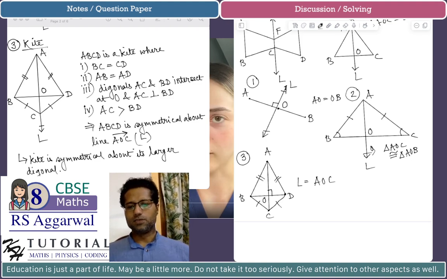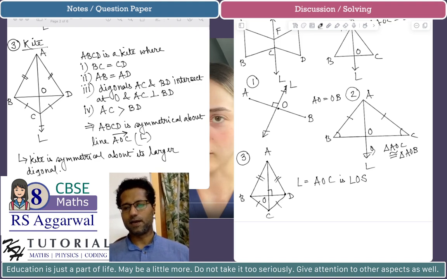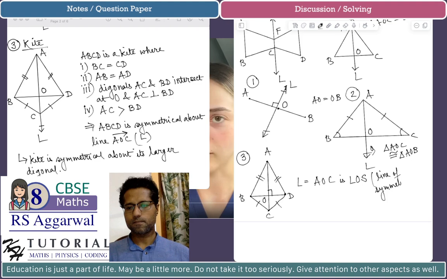Now why AOC, why not BOD? I am in short abbreviating line of symmetry as LOS.